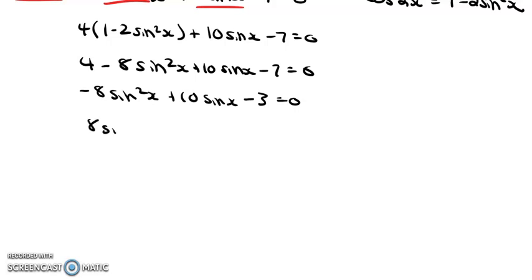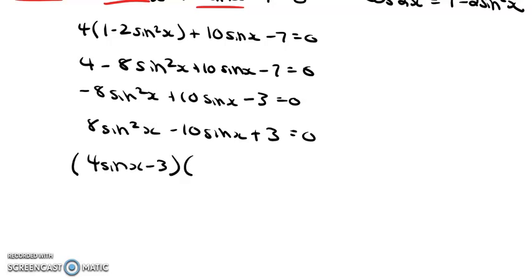So I'm going to get 8 sine squared x minus 10 sine x plus 3 equals 0. Then I can just factor this normally as if I had a quadratic. Doing so, I get 4 sine x minus 3 and 2 sine x minus 1 equals 0.